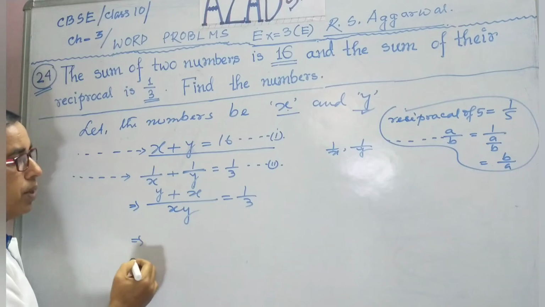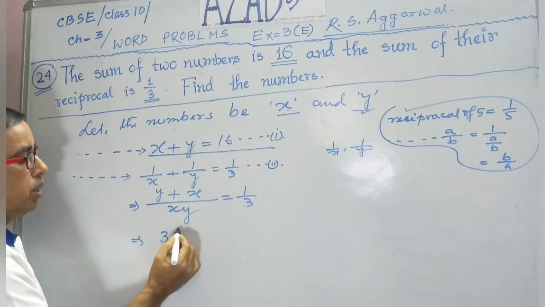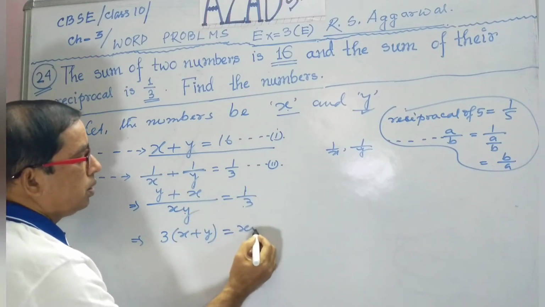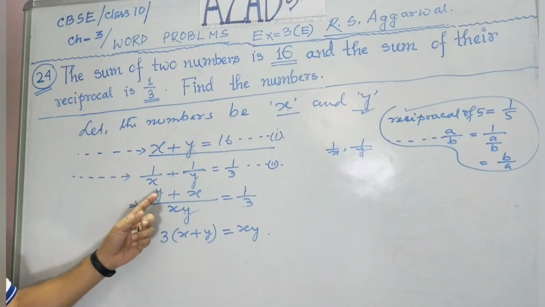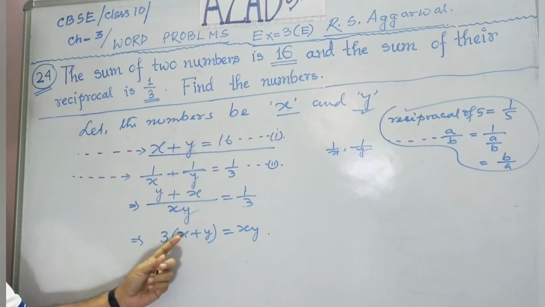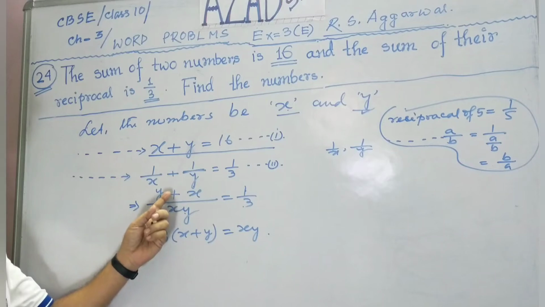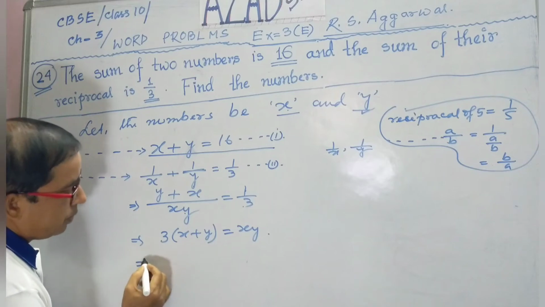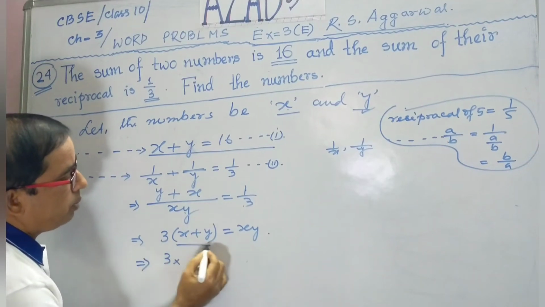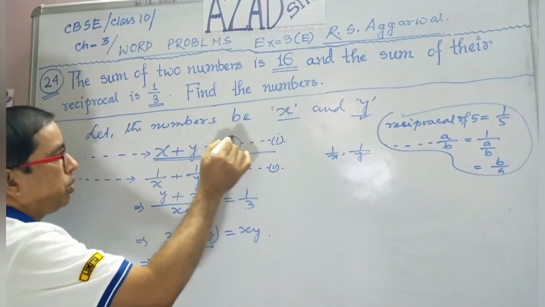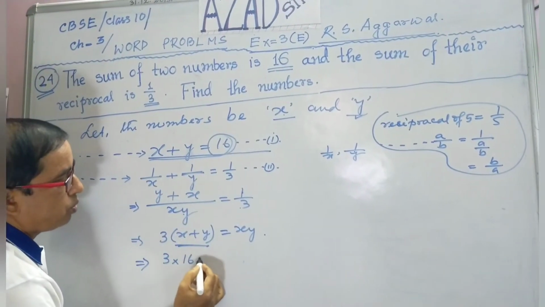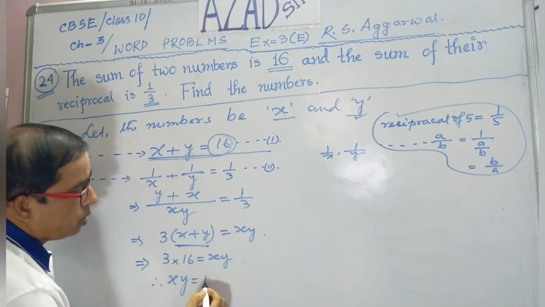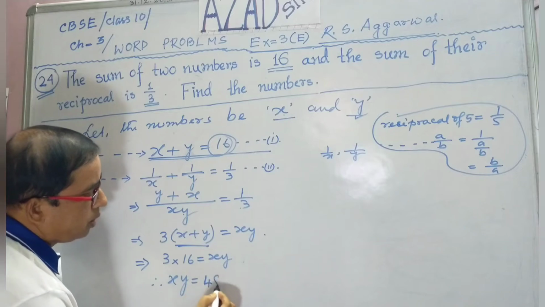If I go through cross multiplication, 3 into x plus y and 1 into xy. One thing is here it was y plus x and here I have written x plus y. In case of plus sign, we can change the position without any problem. Now 3 into, what is the value of x plus y? Value of x plus y is here as 16. So 3 into 16 equal to xy, that is I have got xy equal to 48.